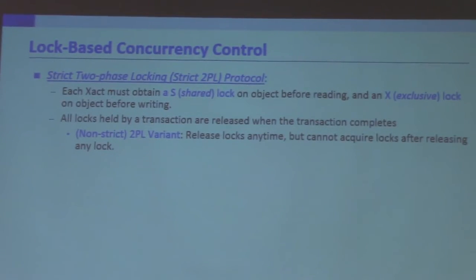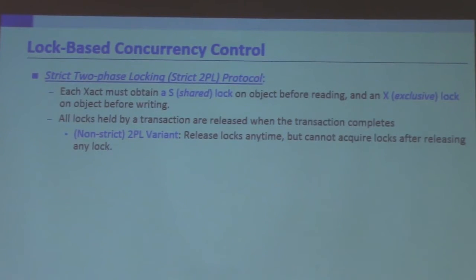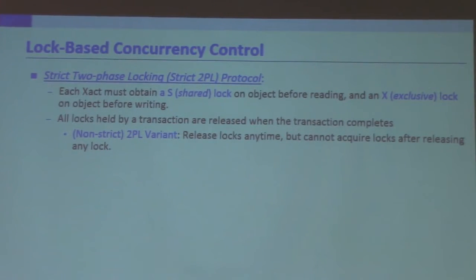Meaning, once you start releasing locks, you can no longer acquire any new locks after releasing the first lock. You may wonder, hold on a minute, what's really the difference between the two?